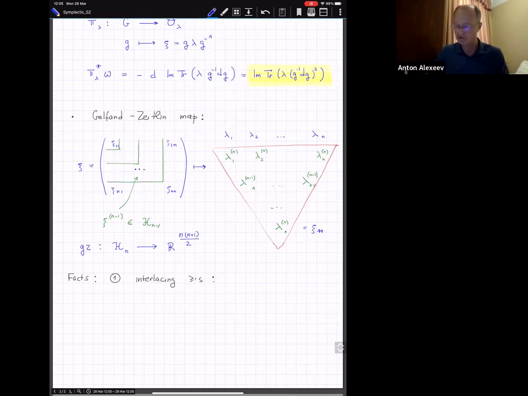So the interlacing inequalities look as follows. Lambda k i greater or equal to lambda k minus 1 i, and greater or equal to lambda k i plus 1. So this is some instance of linear algebra.